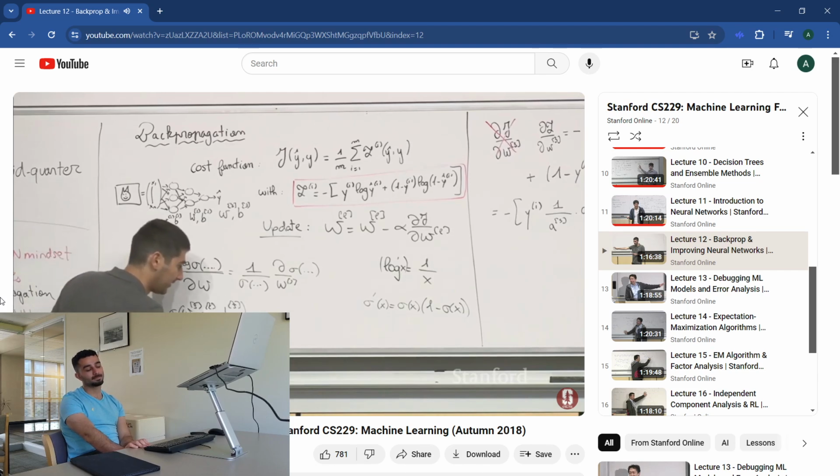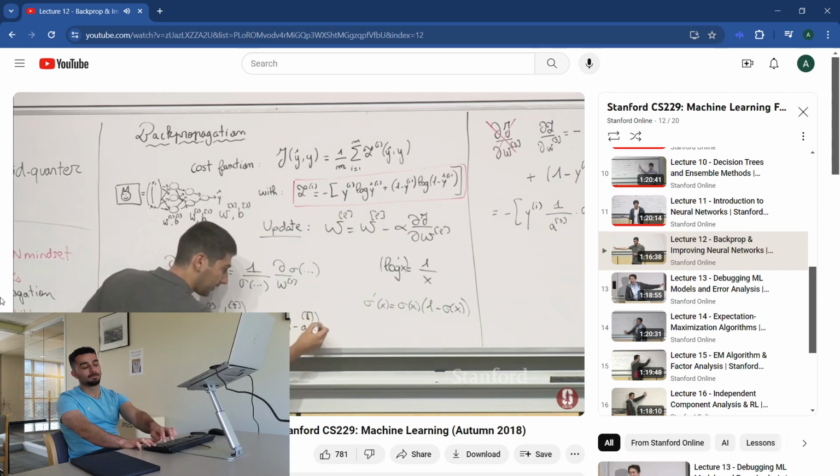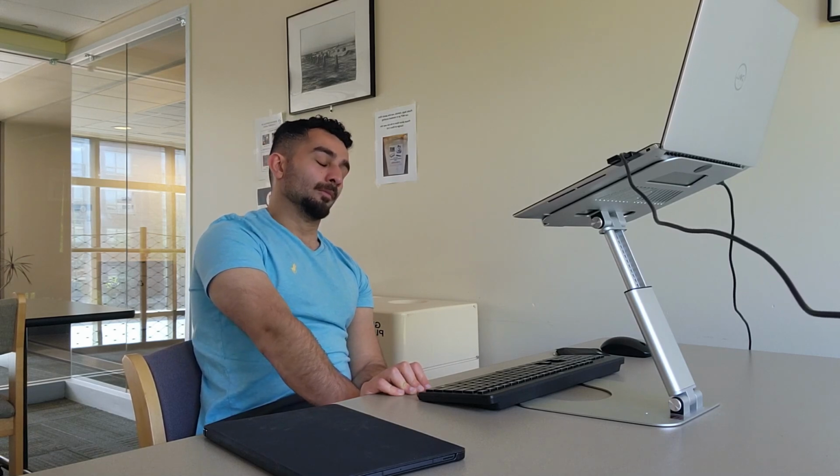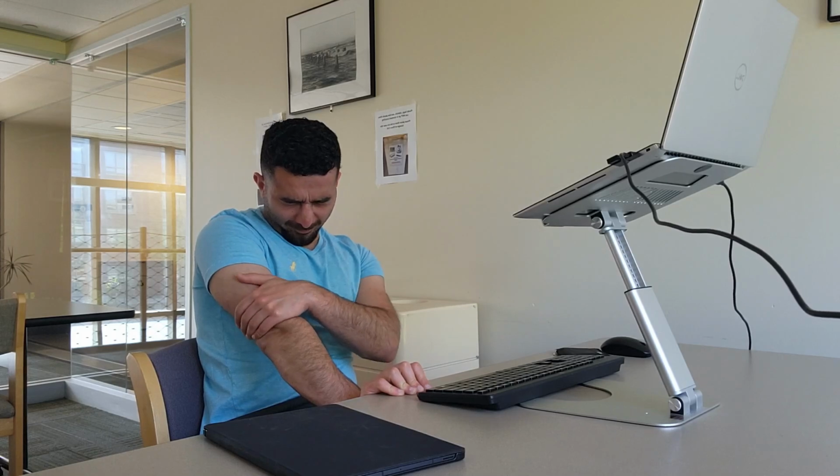So this will give me A3 times 1 minus A3 times the derivative with respect to W3 of the linear part. Does this make sense? So I'm going to write it here bigger. Here I need to take the derivative of the linear part with respect to W3, which is equal to A2 transpose.